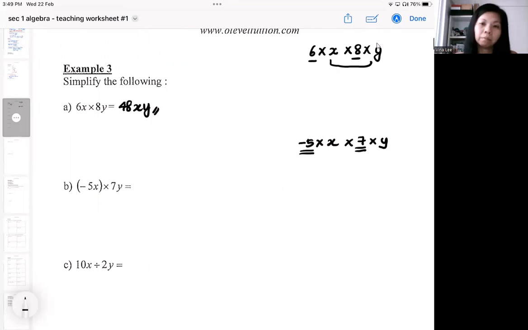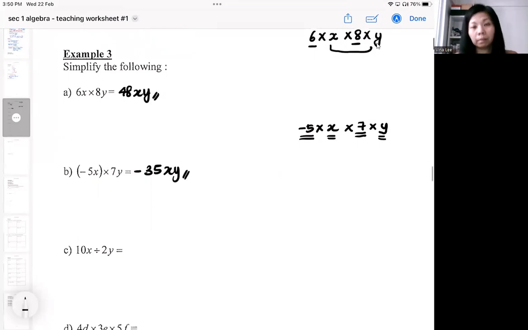Negative and positive become negative, so I should get negative 35. Algebra times algebra will just be xy. So it's very simple, not much working.